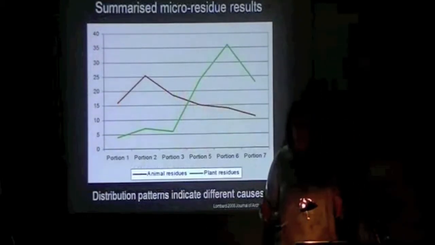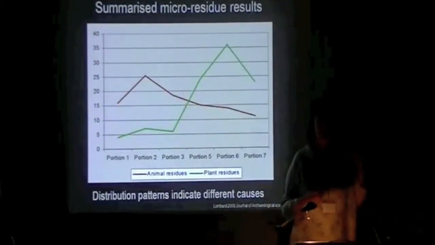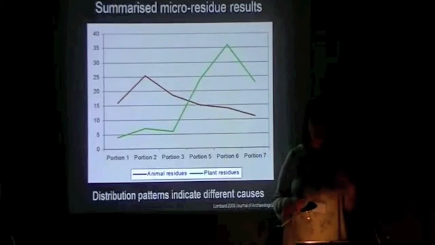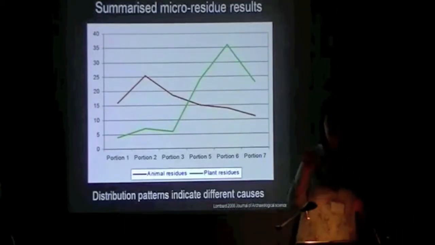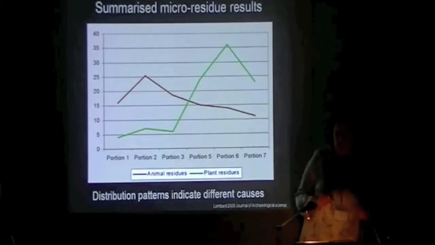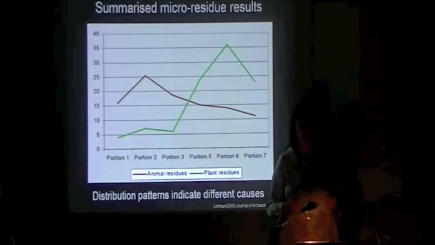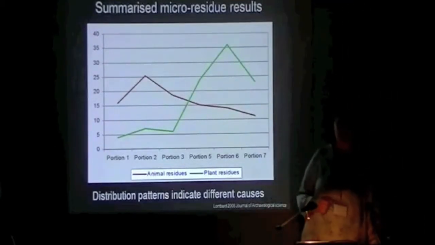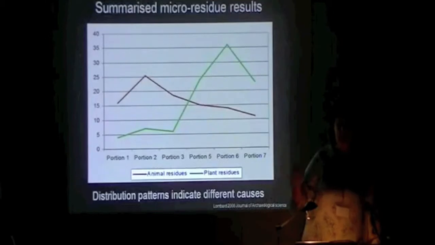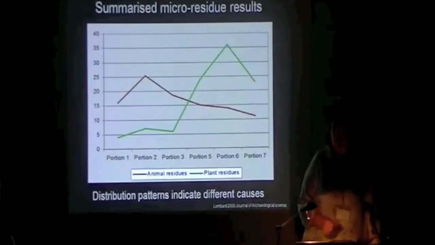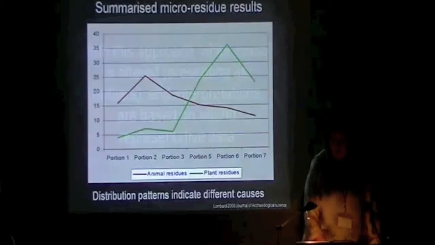And if I summarize it, I can immediately see that the plant material came onto those tools from a totally different origin than the animal material. And then we can start talking about hafting, what type of hafts and what these tools were used on after they were hafted.